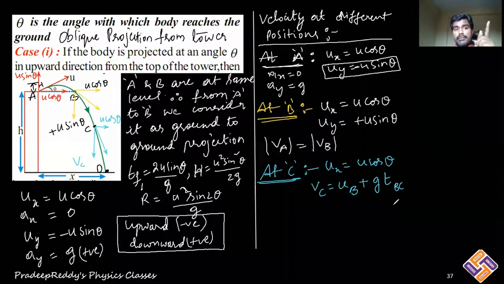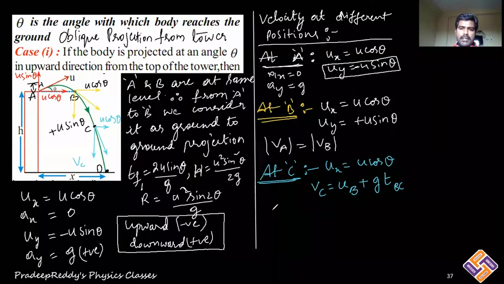I'm not considering it from A to C, because literally position at A and position at B are considered to be the same because they are at same horizontal levels. That's the reason why when it is in downward journey, I'm taking position B as the reference rather than taking position A as the reference. So that is Vc.